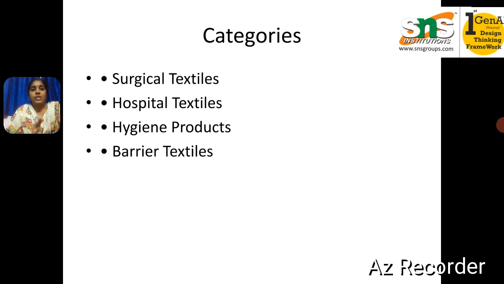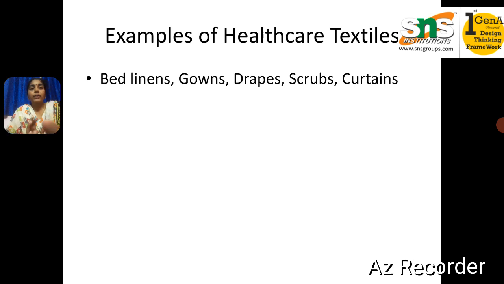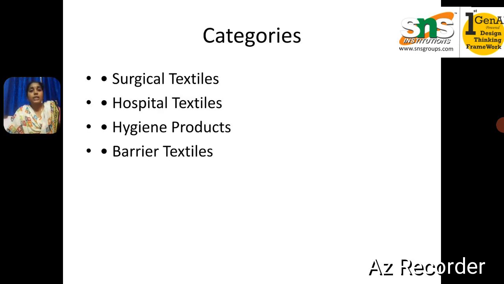Surgical textiles are the things used in surgery places. Hospital textiles are how the surroundings are covered with textiles, that is drapery, screens, beds, bed covers, pillows, bed sheets, the screens patients use, and whatever is covered using materials.